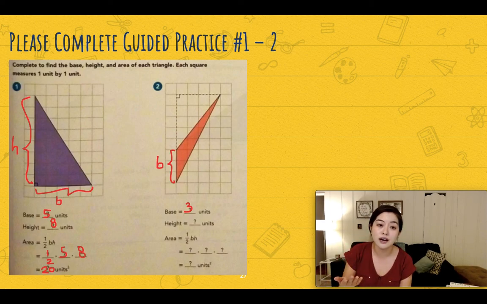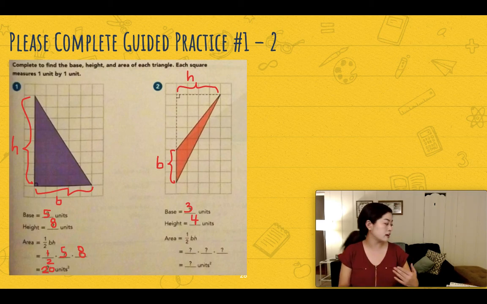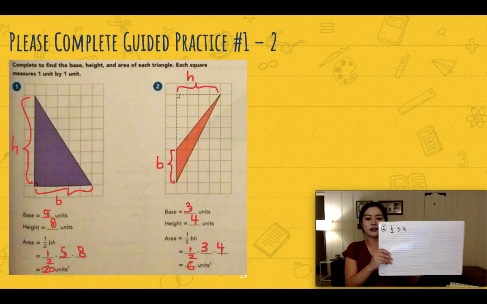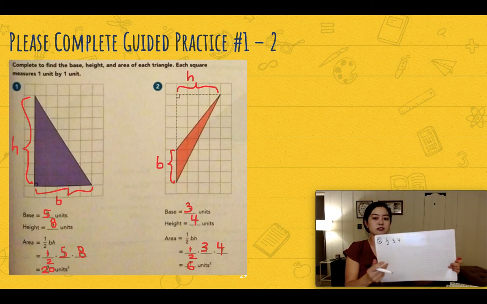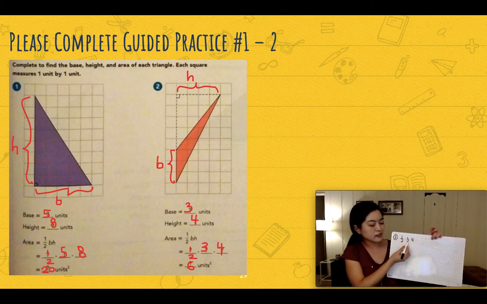And then the height is there. That's the height, and when I count the boxes, that is 4 units. Again, I'm going to input that into my formula for the area of a triangle, and I get this. And again, I notice here, I don't want to do 1/2 times 3 because that's 1.5.